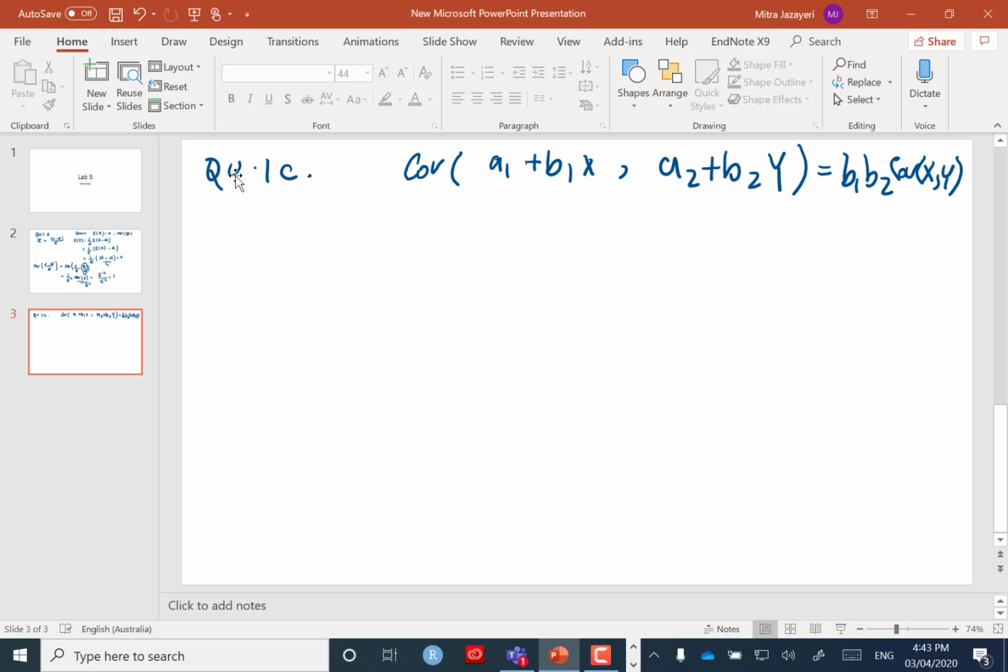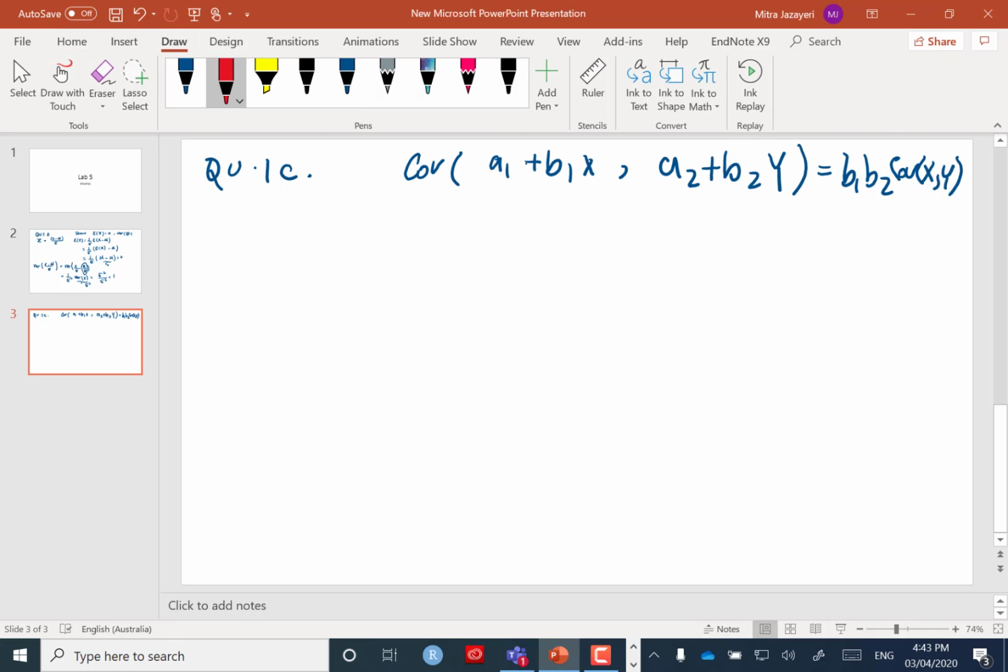The formula for covariance is covariance of xy is equal to expectation of x minus mu of x, actually, it is times y minus mu of y.